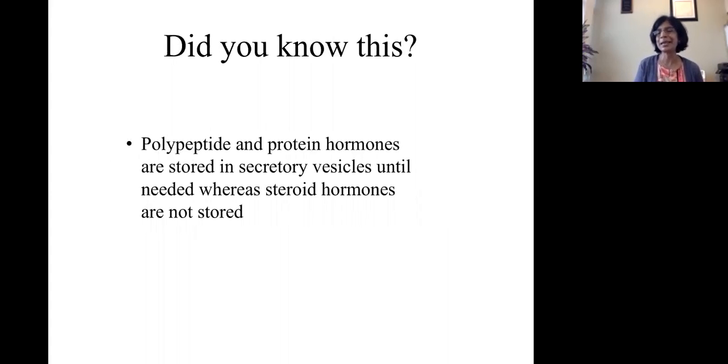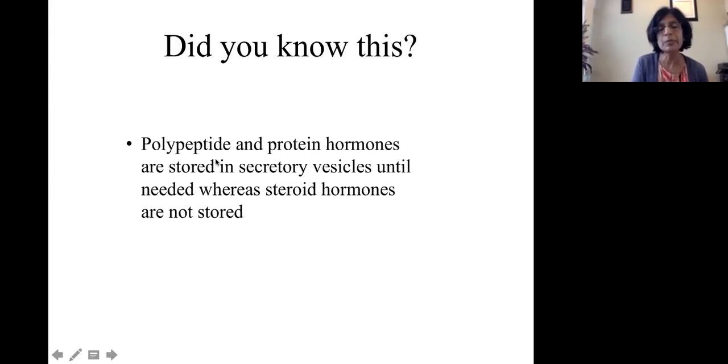And a missing element here that is important for you to know is polypeptide and protein hormones can be made ahead of time and are stored in their secretory vesicles. Insulin, for example, is stored there in large amounts. Only when you need it, it's immediately released.